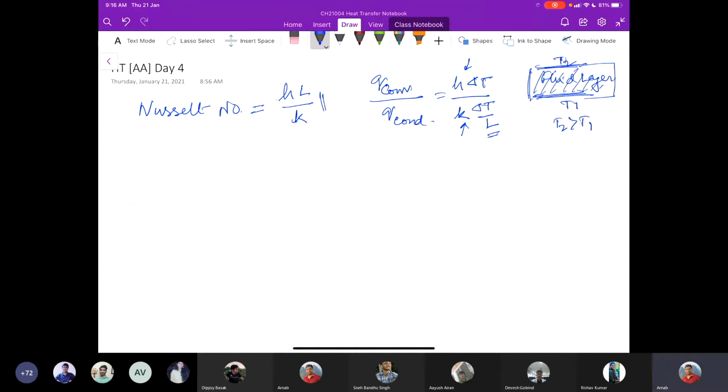But as the conduction happens, the temperature gradient develops. What will happen if the thickness is large enough? If the fluid layer is big enough, there would be the influence of gravity. And then natural convection would take place.